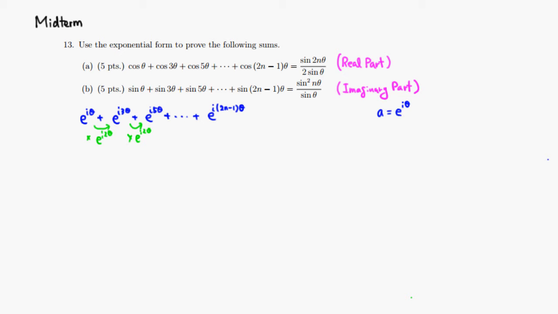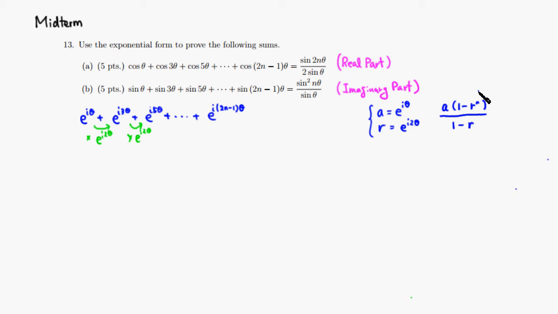We know that the partial sum of a geometric series would be a times 1 minus r to the n, over 1 minus r. So that is the partial sum.